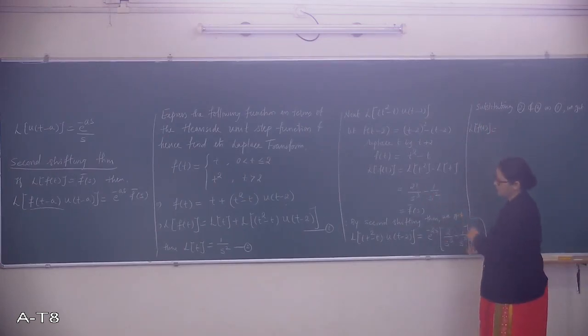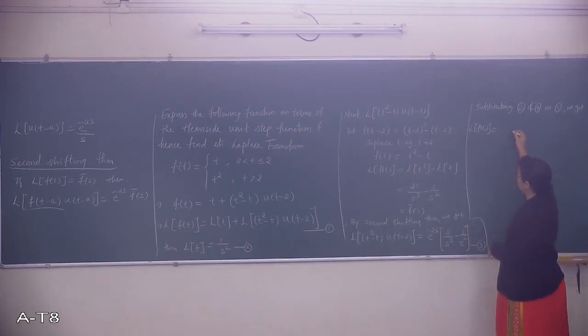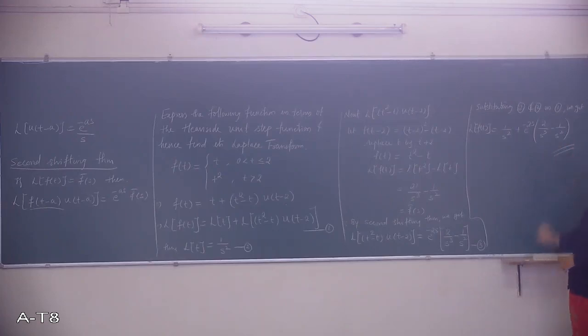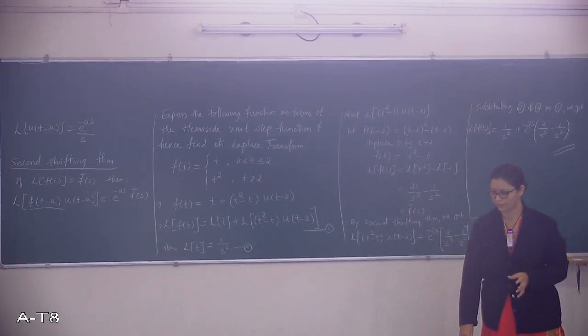So first becomes it is equals to L of t. So what is Laplace transform of t? It is 1 upon s square, and here we have plus e to the power minus 2s into the bracket 2 upon s cube minus 1 upon s square. So this is the Laplace transform of the given function f of t.